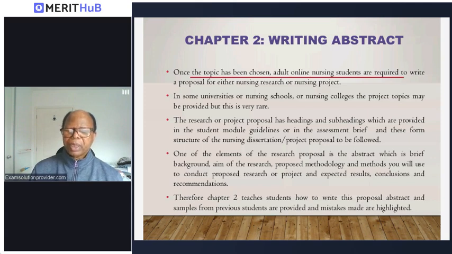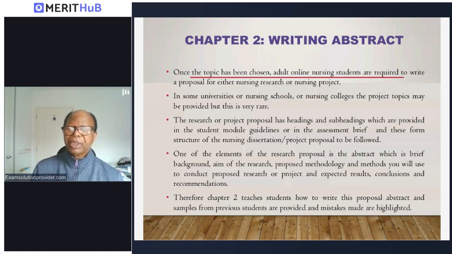Okay. Right. So in a sense, this chapter 2 is trying to help you to write an abstract, which is the first section of your proposal, although it is written last, but always when we are reading, we come across it before we go to the main proposal.